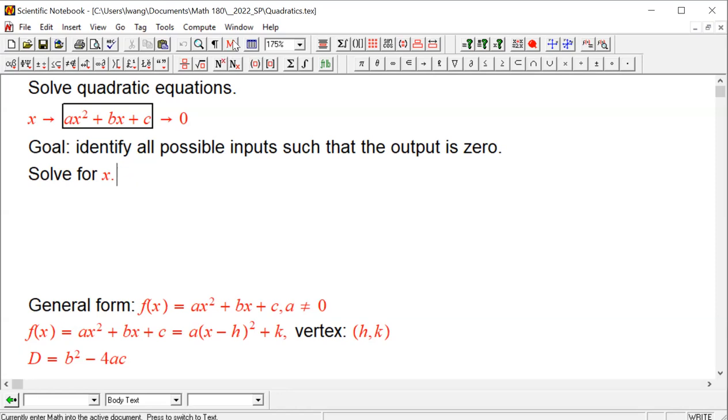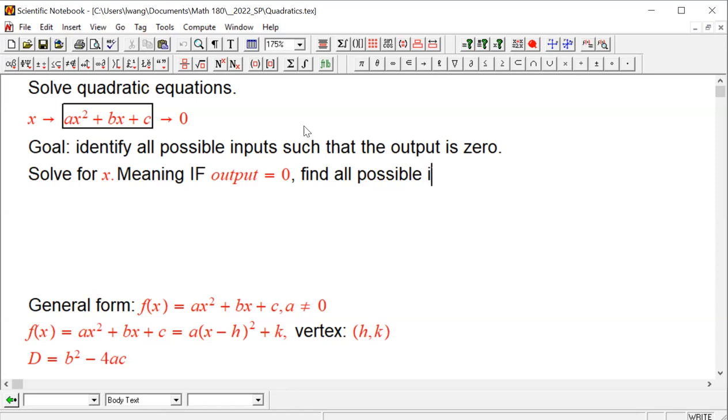The wording basically means that if the output is 0, find all possible inputs.